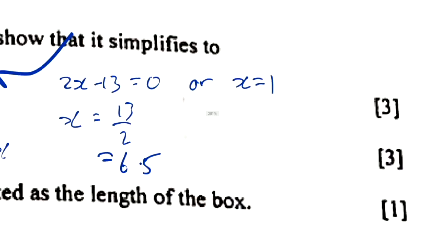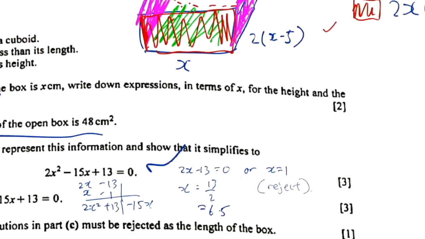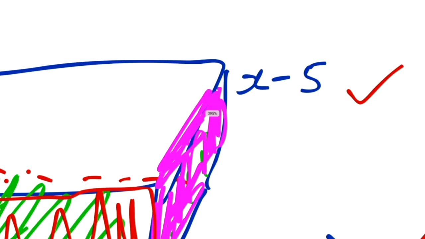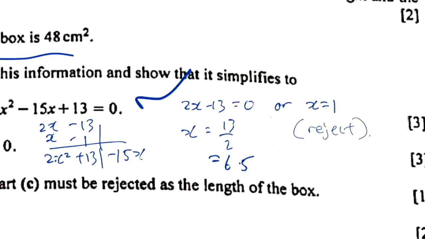No, this one is rejected, the x equals 1. Why? Because x cannot be 1. If you put 1 minus 5, it equals negative 4, and there's no such thing as a negative length. x must be more than 5. So this will be the correct answer.